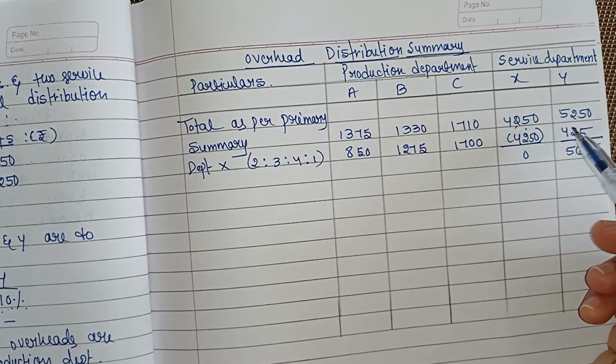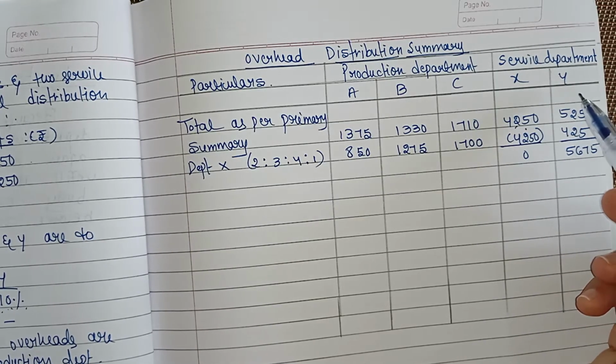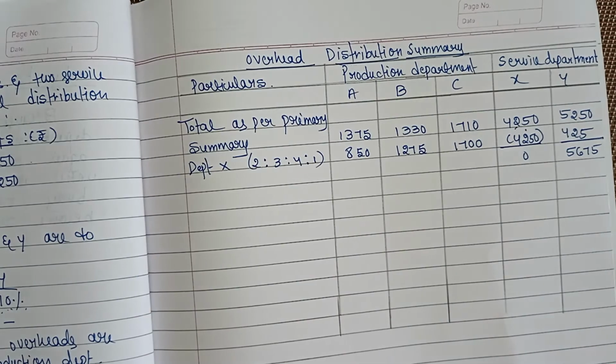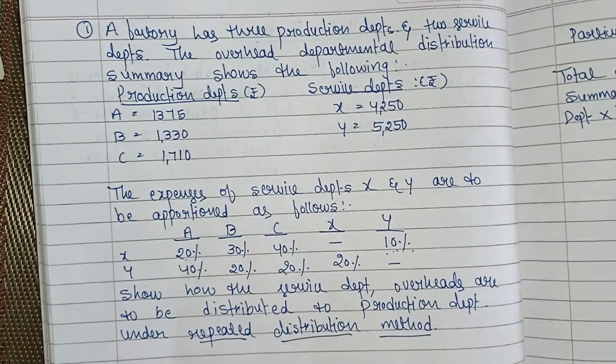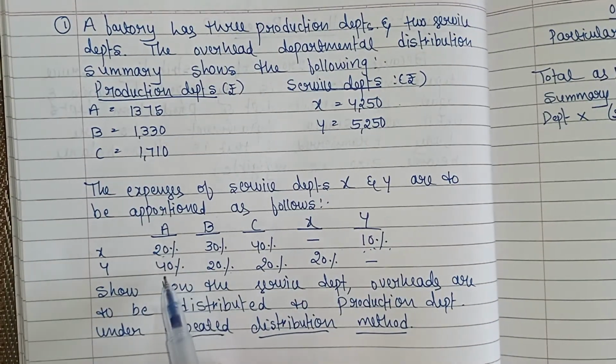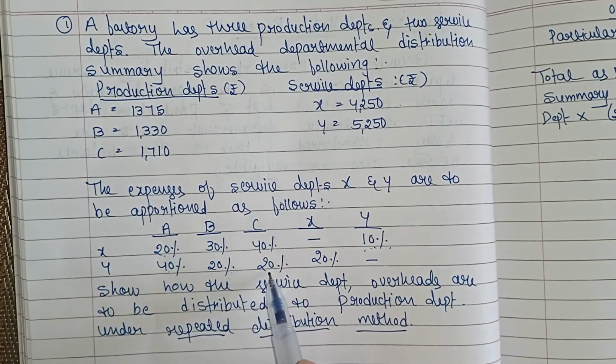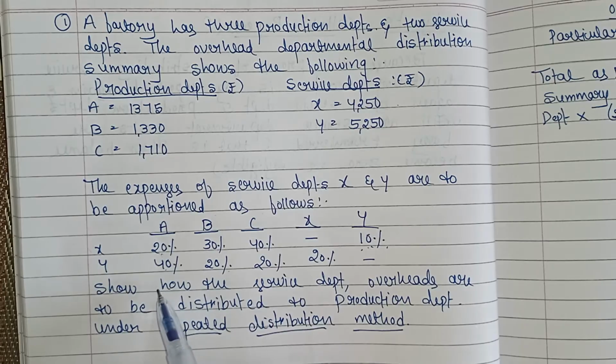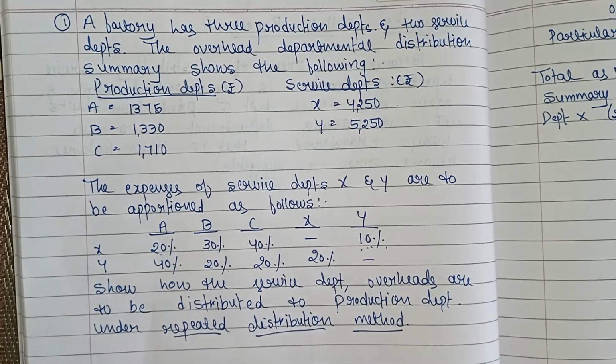Now again we need to distribute department Y's overhead, that is 5675 on the basis of given ratio, that is, see this one, 40%, 20%, 20% and 20%. It means 4:2:2:2.